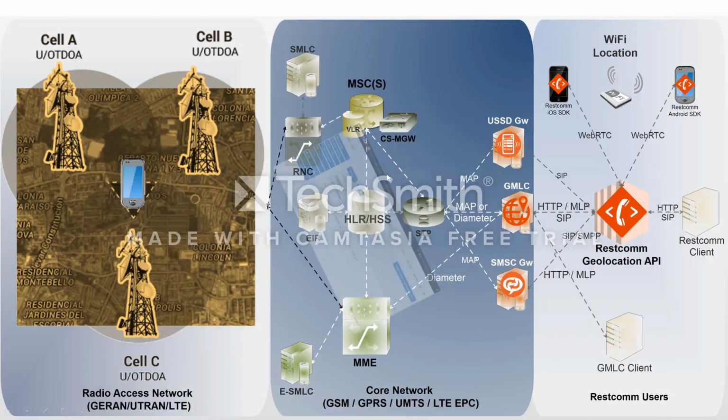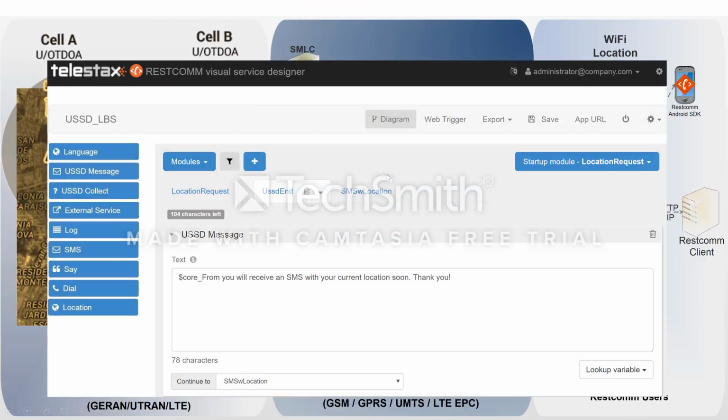So it will continue to this USSD module, which consists only of a USSD message to end the USSD session. Here, the call-from is the MSISDN I got from the USSD message.